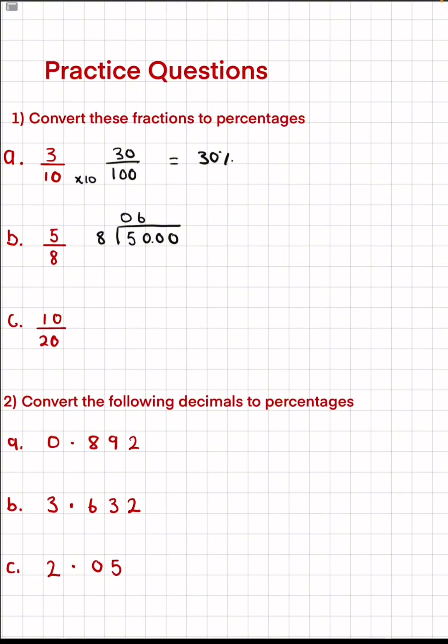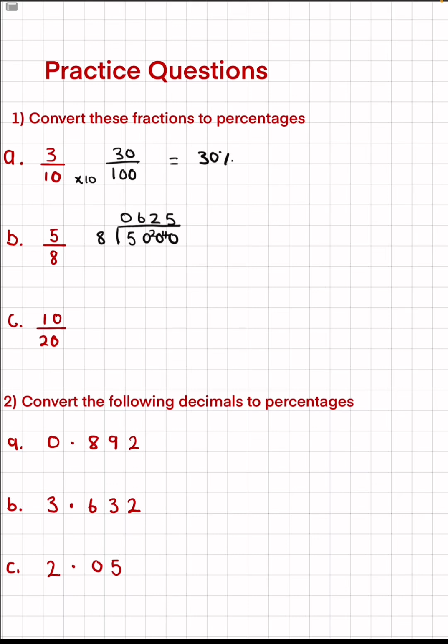So 50 minus 48 is 2. So we can carry the 2 forward. 8 into 20 goes twice. 8 times 2 is 16. 20 minus 16 is 4. So we can carry the 4 forward. 8 into 40 goes 5 times.